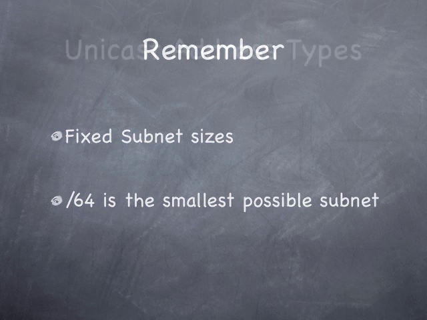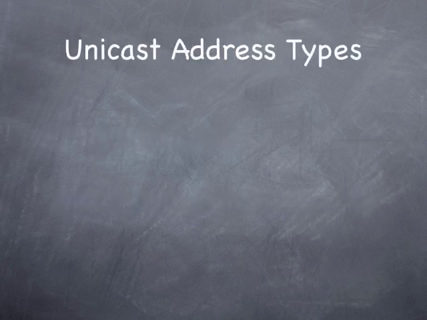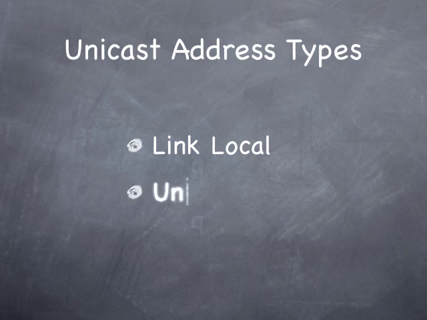And then with that, we also have a couple of different unicast address types. Unicast addresses are used to address individual hosts. As a host boots up, it will first assign itself a link local address. Link local addresses can only be used on your local subnet. They're not routed at all. Then we have unique local addresses.